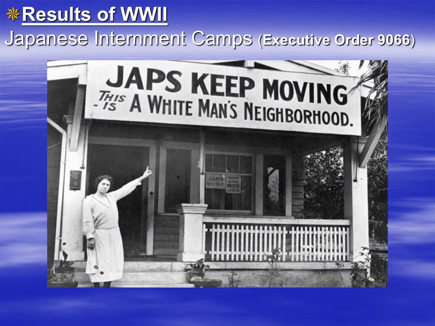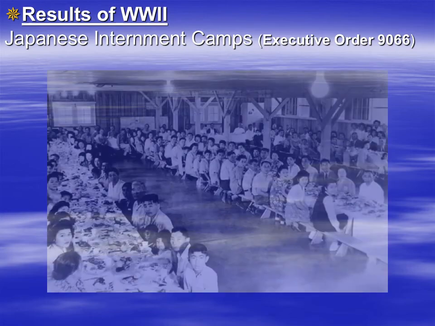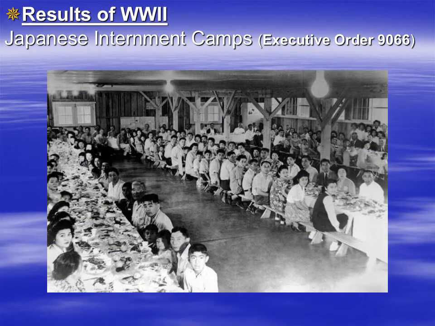As you can see from a few of these pictures, we didn't see the Japanese as good people. Even though these are Americans, we didn't see them as trustworthy. This is also a picture of their dining hall. I think this one's actually at Heart Mountain in Wyoming, but it just shows you the mistreatment that we will have for the Japanese.